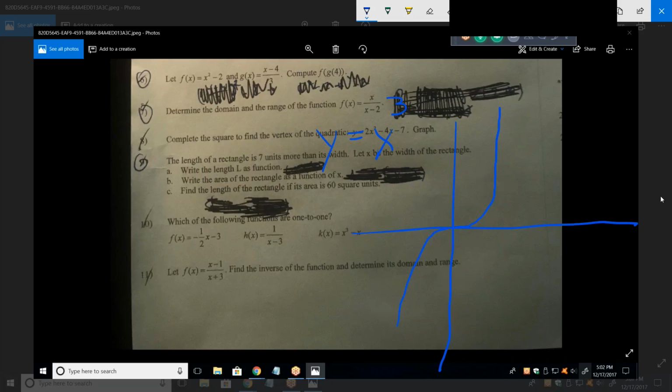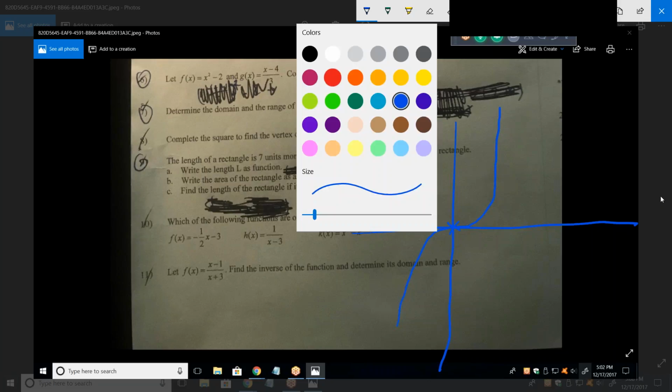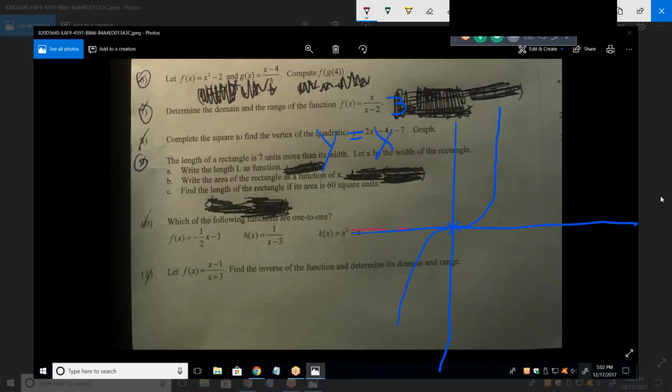Barely. There is a point where the slope of the tangent line is flat, but there's only one point. If I draw a horizontal line there, at the point I'm most suspicious of, it only goes through one value, the one at 0. So this one does pass the horizontal line test.